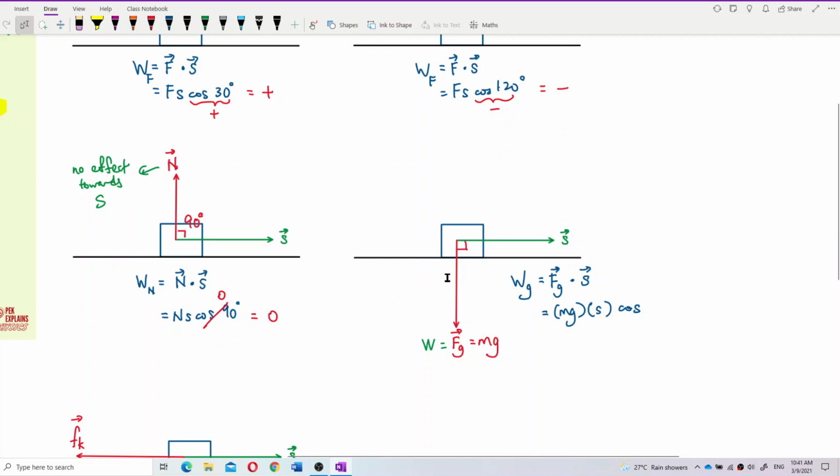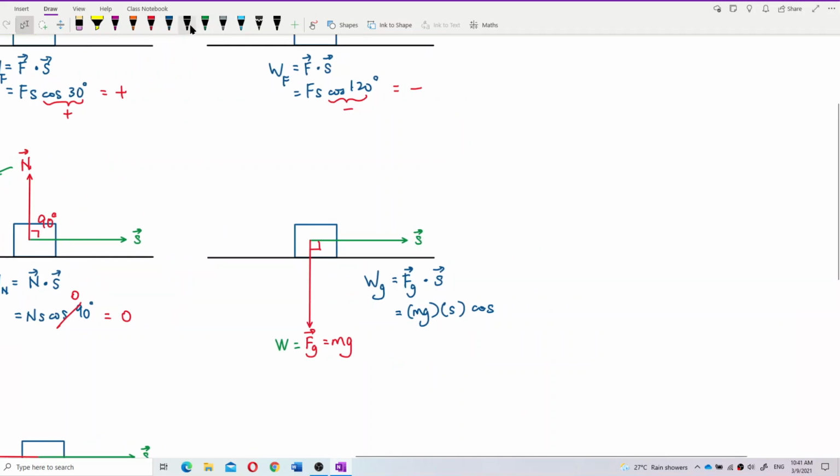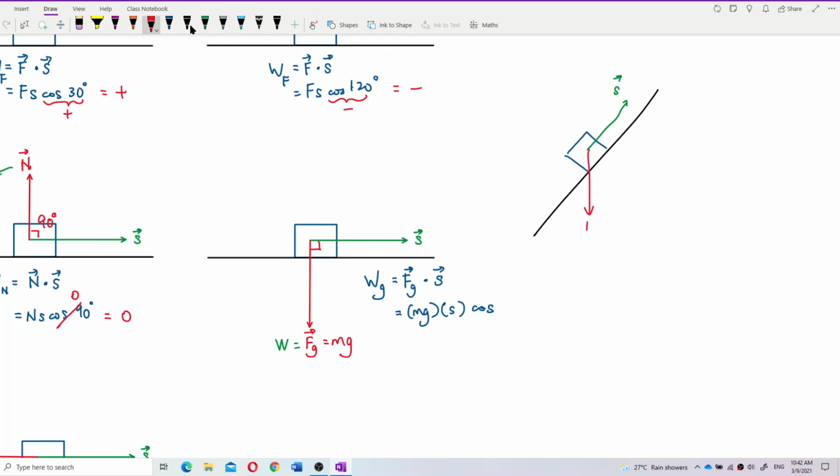Sometimes the gravity, the mg, is not necessarily 90 degree to the displacement. Depending, maybe it's on an inclined surface. Let's say on an inclined surface, like you see, this object. Let's say for this one, the displacement is going up. This one the gravitational force is still downwards, Fg equal to mg. This one is not 90 degree, maybe it's 130 degree.